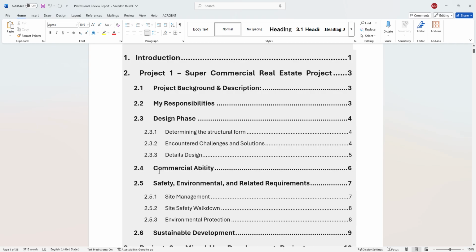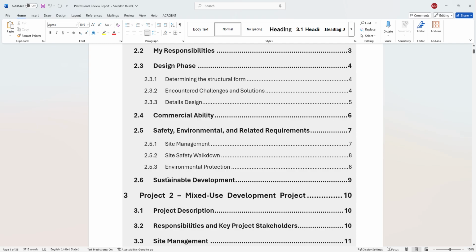Section 2.4 is attribute 3, which is commercial ability. Section 2.5 is attribute 4, which is safety environment. And section 2.6 is on sustainability. The candidate has not created a separate section for communication because the candidate has been communicating during the whole life cycle of the project.